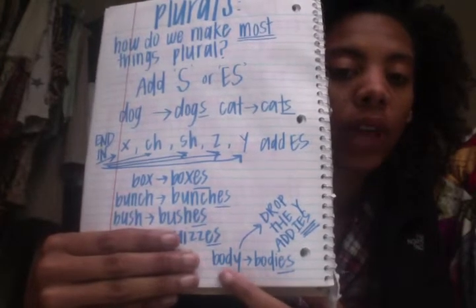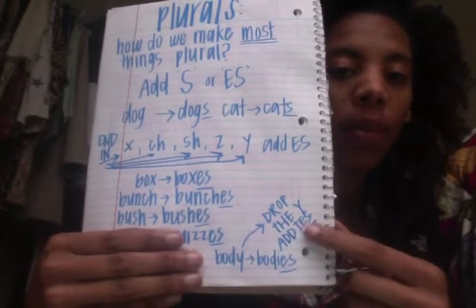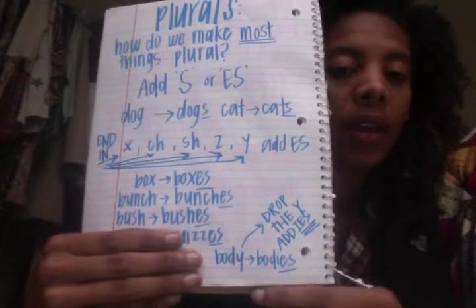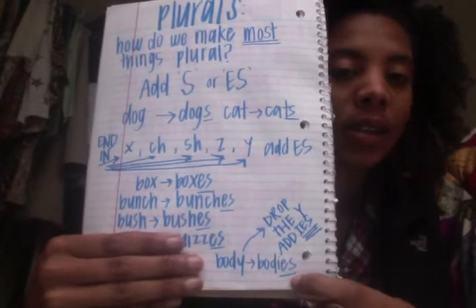A lot of words that end in y, we drop the y and we add ies. Okay? There are some words that end in y, like destroy, for example, where you would only add an s. He destroys everything, right? But then again, that's not a noun. So that's the difference. Is with nouns, you have to drop the y and add an ies. Okay?